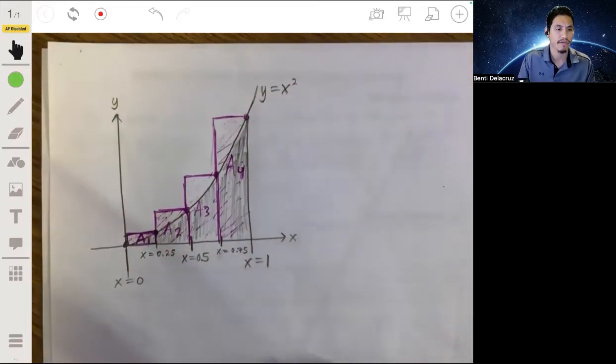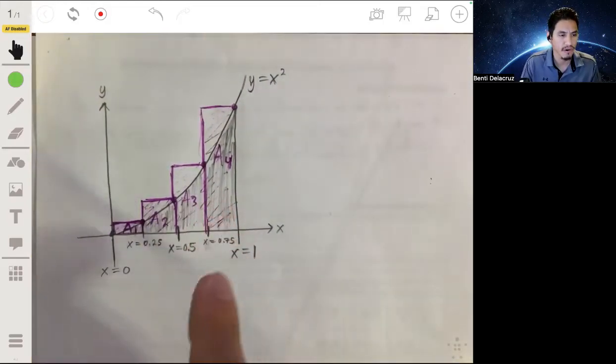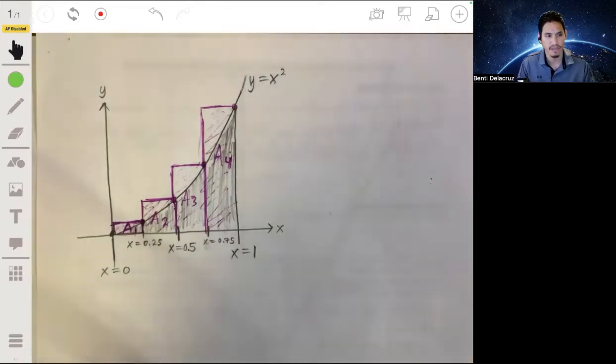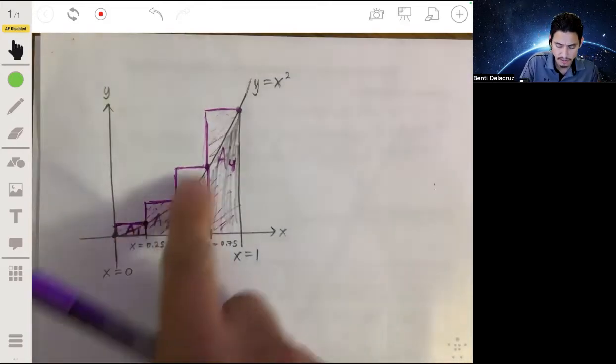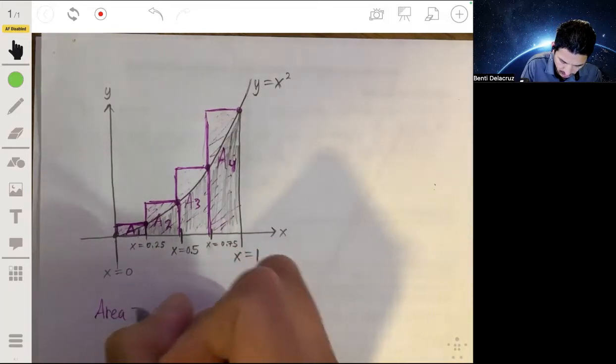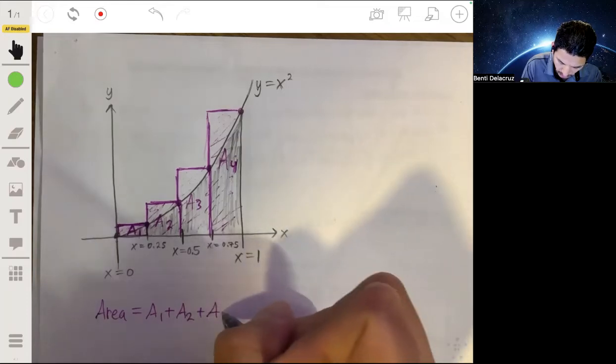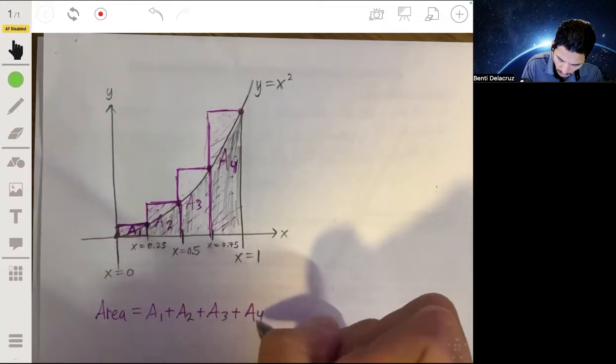So the technique's the same. We find the area of A1, A2, A3, and A4, add them all together, and that's going to give us an approximation of what the area is underneath this parabola from 0 to 1. So the area, let's write out, is equal to A1 plus A2 plus A3 plus A4.